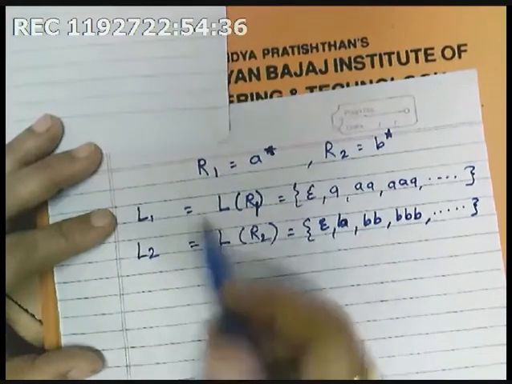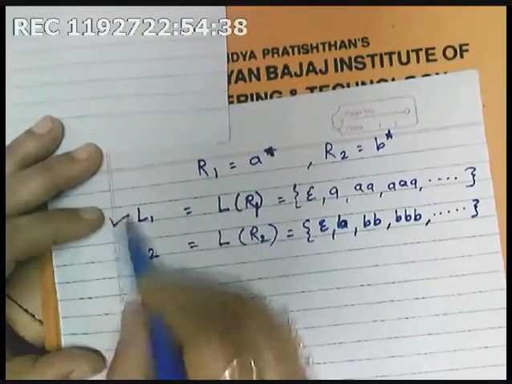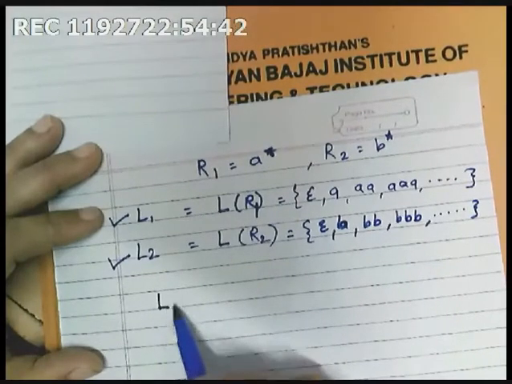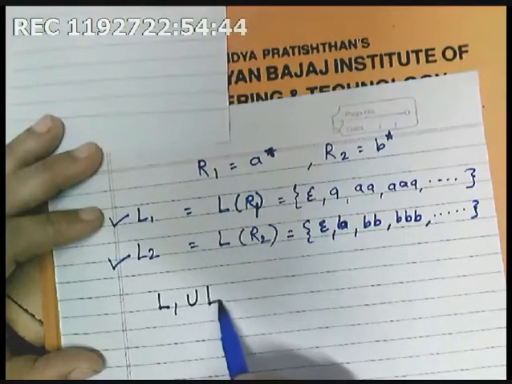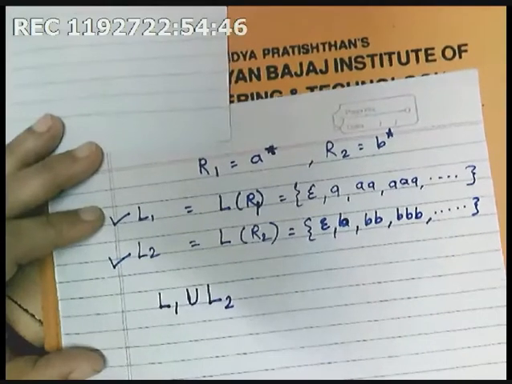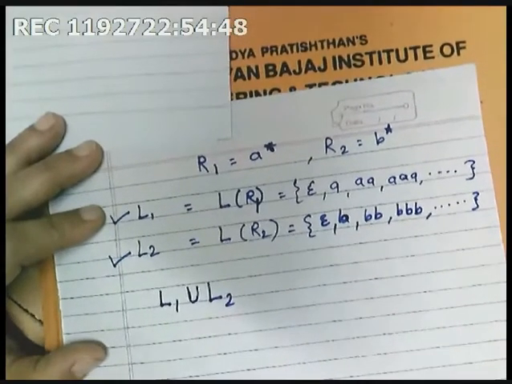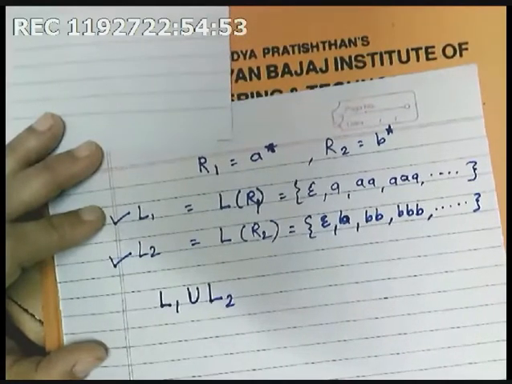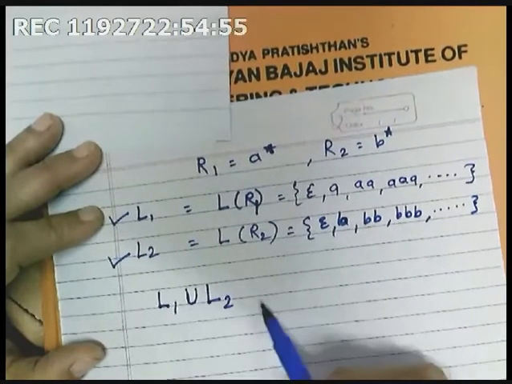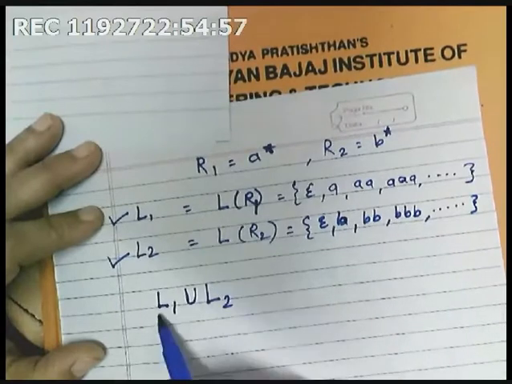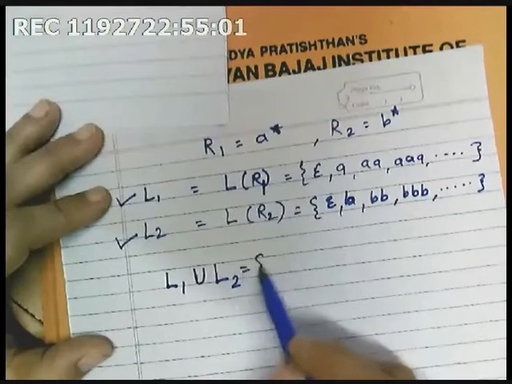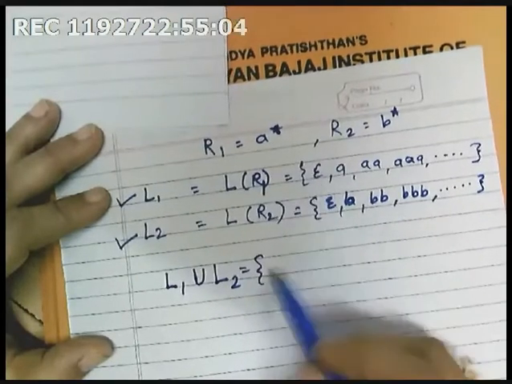Now, if I am saying that this is a regular language and this is a regular language, then will the union of L1 and L2 also be regular? Whether these two regular languages are closed under the union operation. So L1 union L2 will be nothing but the empty string will be there.